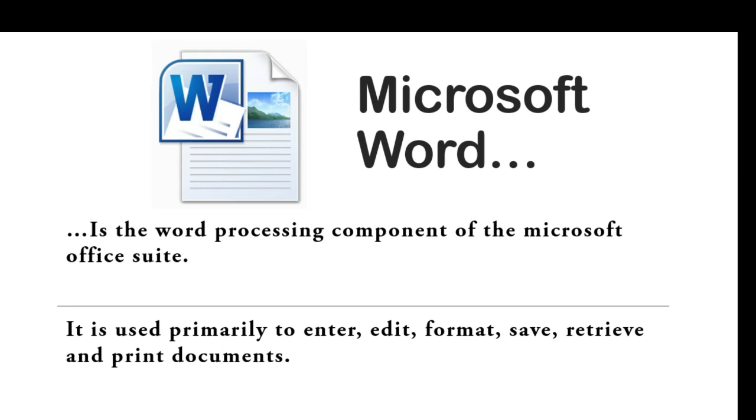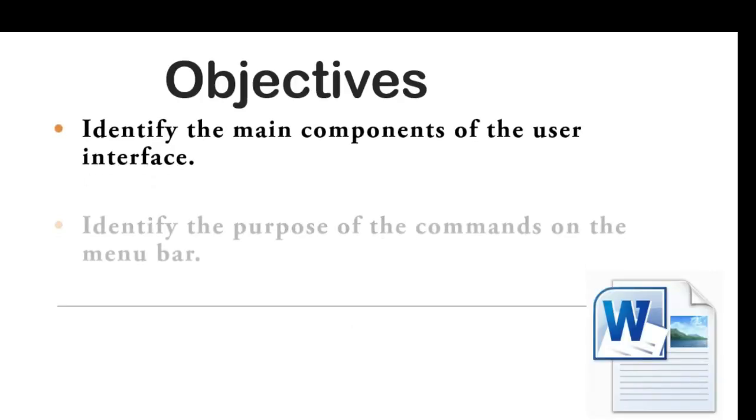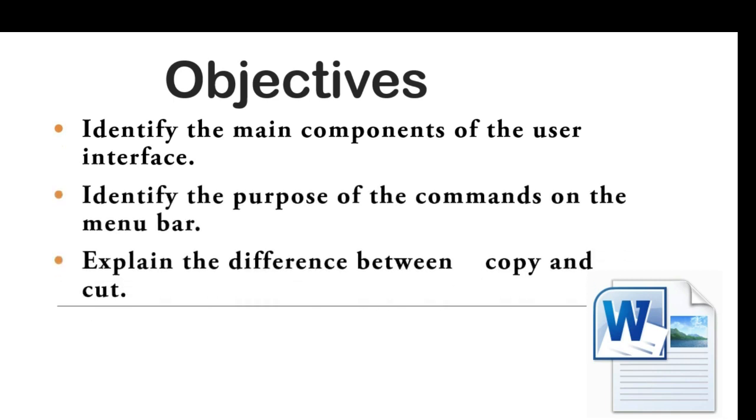The objectives we should be looking at: we should be able to identify the main components of the user interface. That is, if you are a beginner looking at Microsoft Word, you need to understand the components that make up the Microsoft Word interface. We should be able to identify the purpose of the commands on the menu bar.